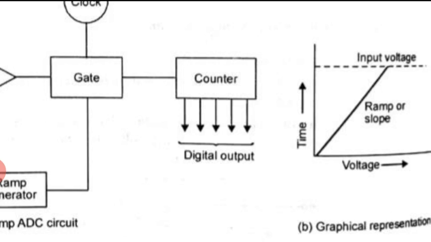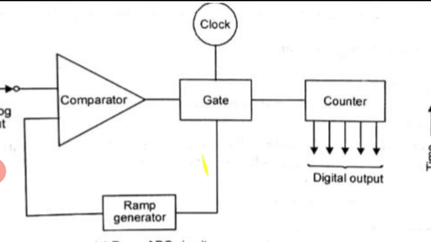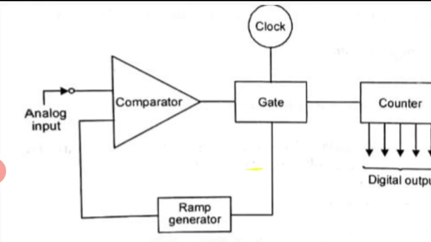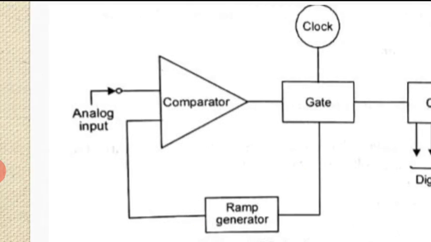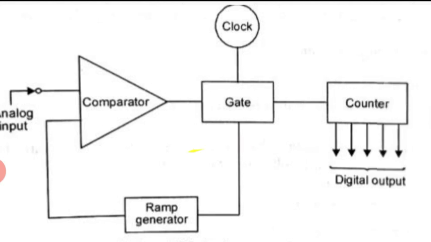Once again I will conclude here. When the ramp voltage starts, it means the ramp voltage generator starts. The analog input is given and the gate is opened. The clock is continuously supplying pulses, and with the gate open, a binary counter starts counting the regular pulses from the clock.